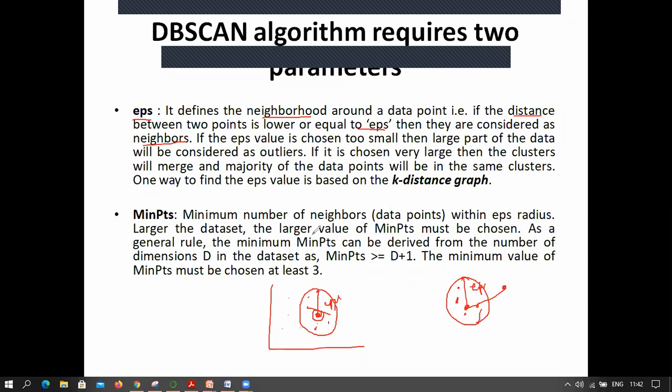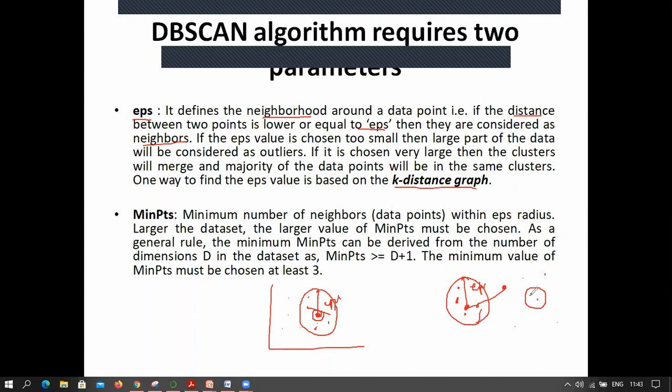Okay, so when we select the value of epsilon, there are actually methods, like I have written, there is one k distance graph, but I won't go through that. By using that, you can find out what is the optimal value of the epsilon that we can choose. Because if you take the length of that radius as very small, then most of the data points would come outside this circle.